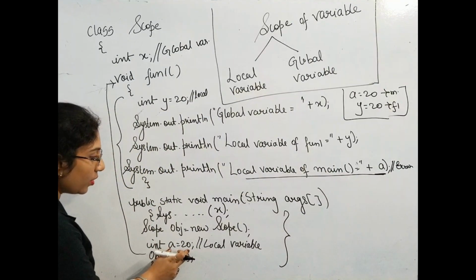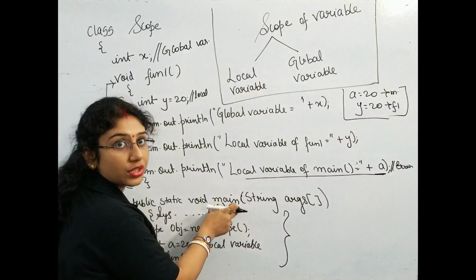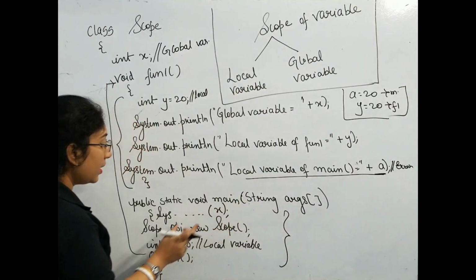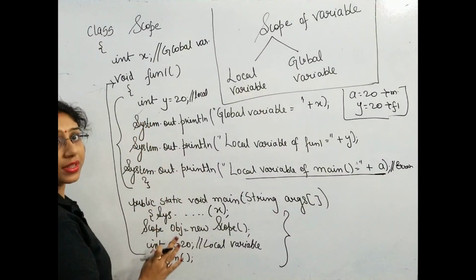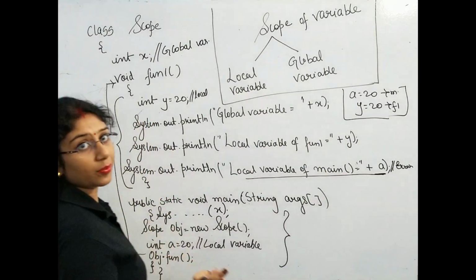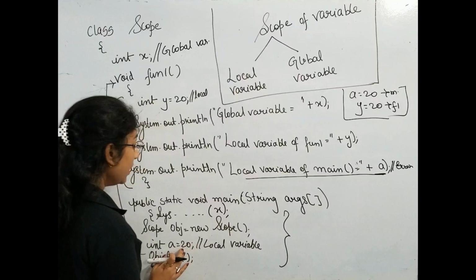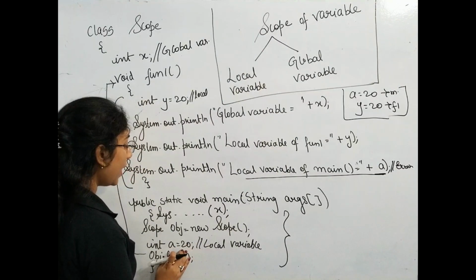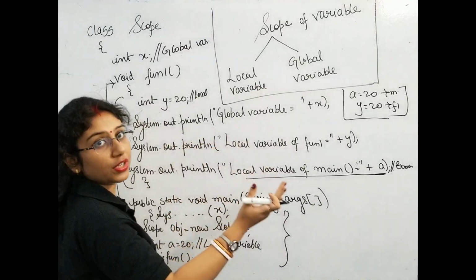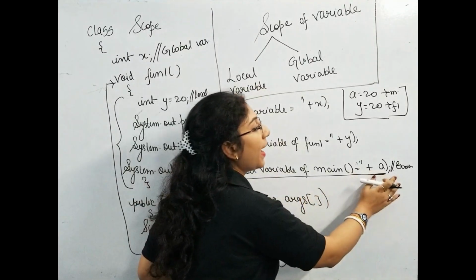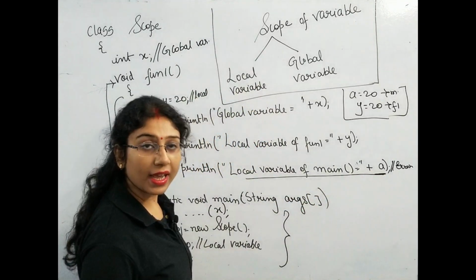It's a local variable belonging to the main function. It will not be accessed by any other function because it is declared as a local variable. So this a can be accessed only by the main function, not by any other function. That's why the following line will generate an error.